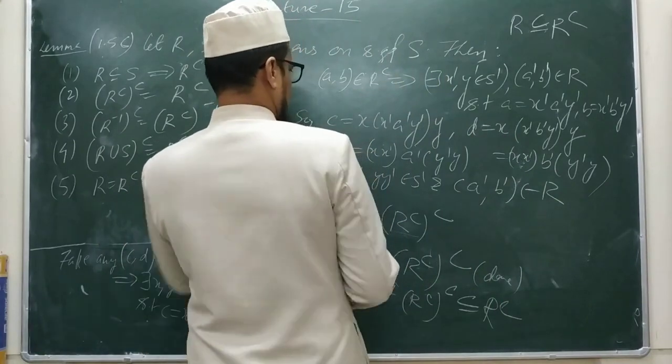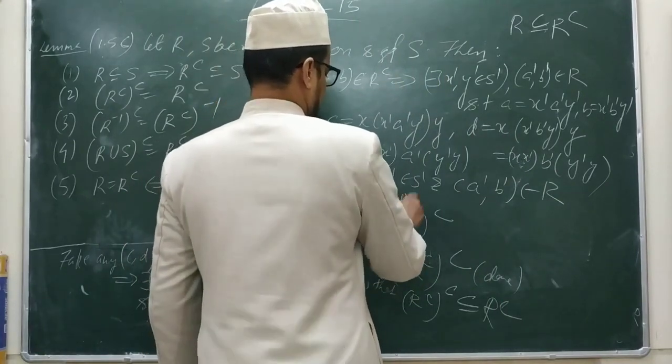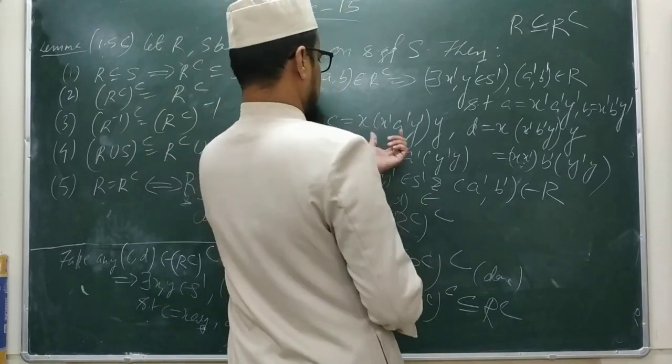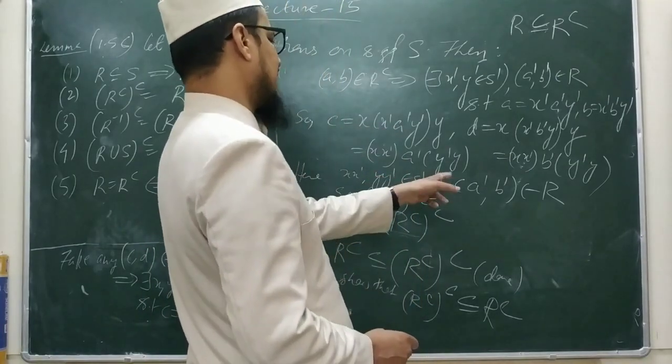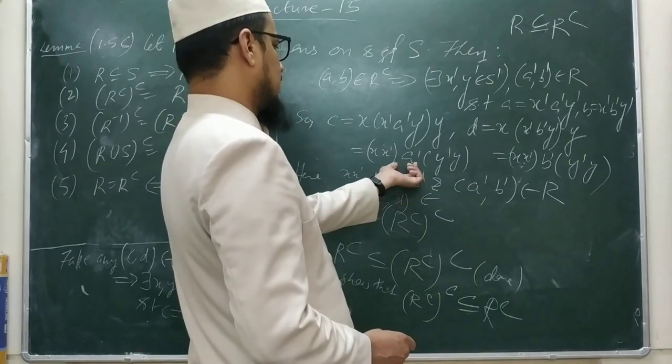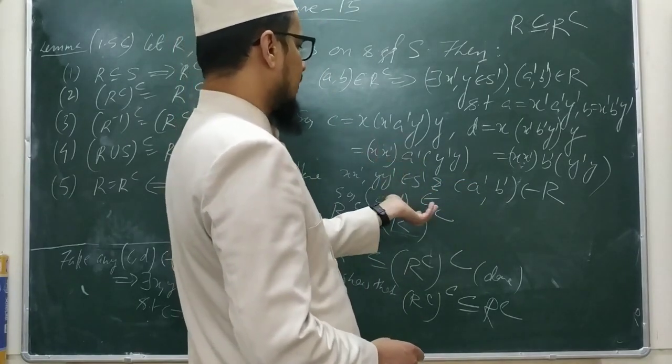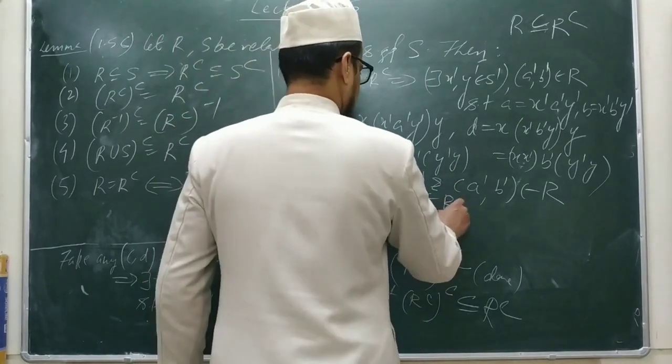So now C, D will belong to, of course, R^C, since XX'Y'Y is from S1 and A', B' from R. So of course C, D will belong to where? R^C, belongs to R^C.